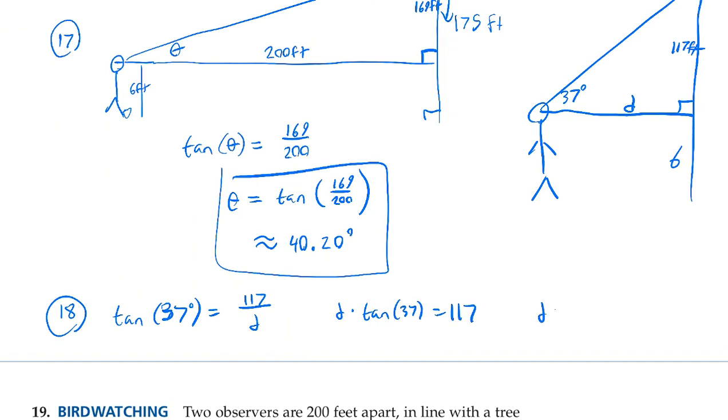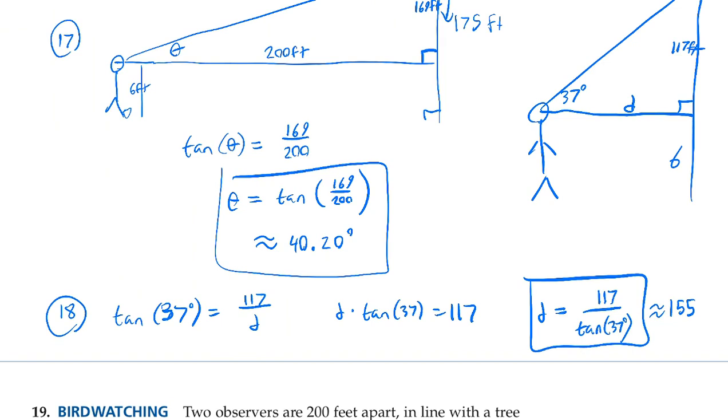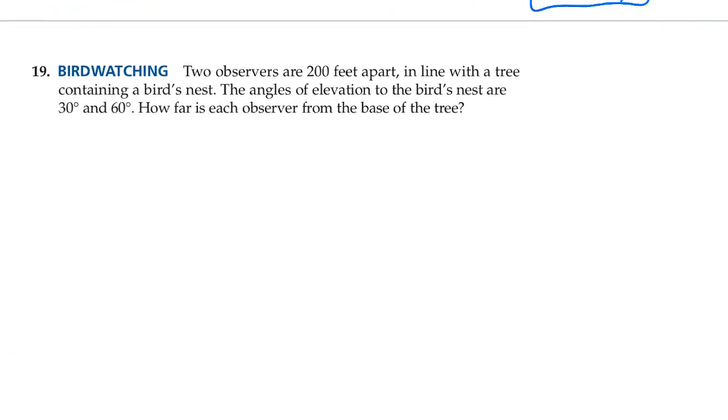And rearranging, we get d equals 117 over tangent of 37 degrees. That's the exact answer. Or plugging it into a calculator, 117 divided by tangent of 37 is about 155.26 feet.